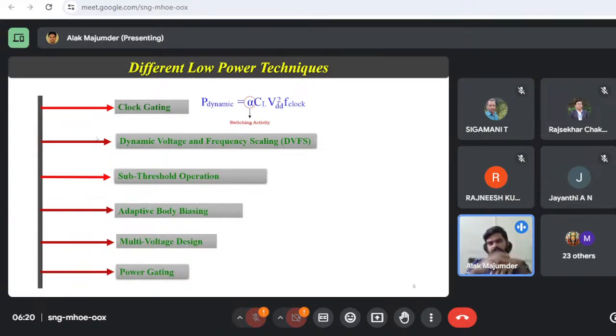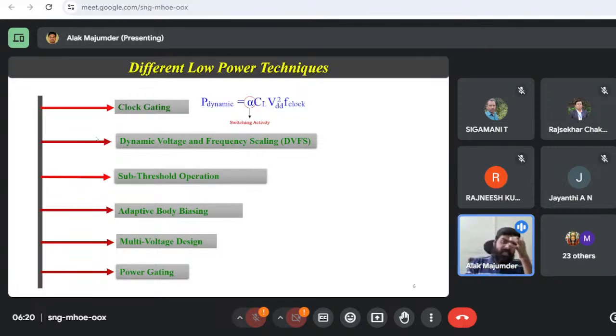It is also one of the short channel effects. So the focus towards leakage, or static power, has been more prominent for the lower nodes.